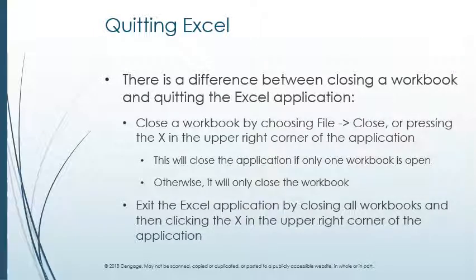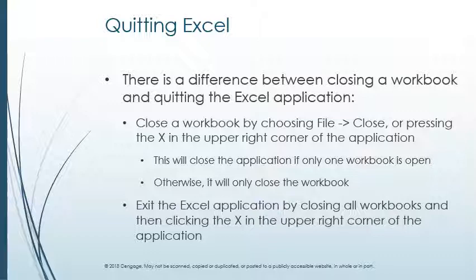How can we quit Excel? There is a difference between closing a workbook and quitting the Excel application. Close a workbook by choosing File, then Close, or by pressing the X in the upper right corner of the application.